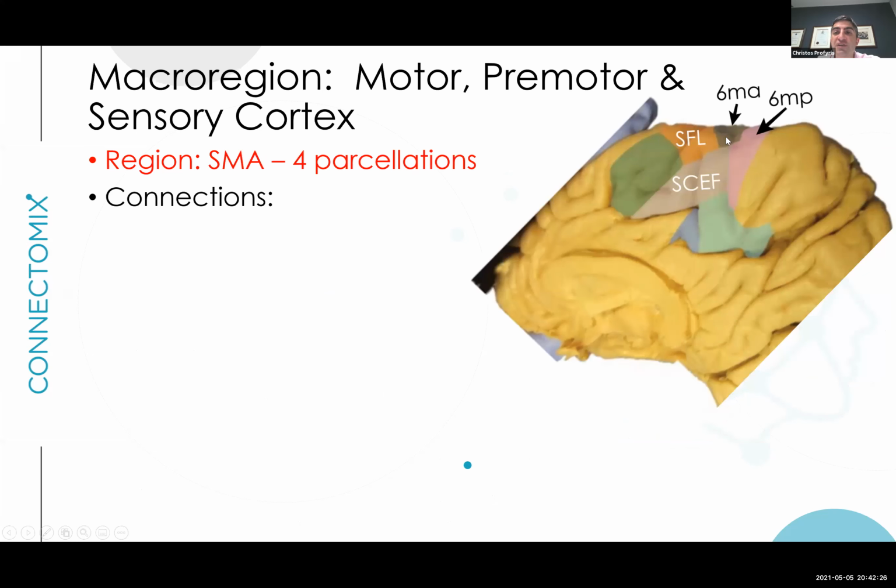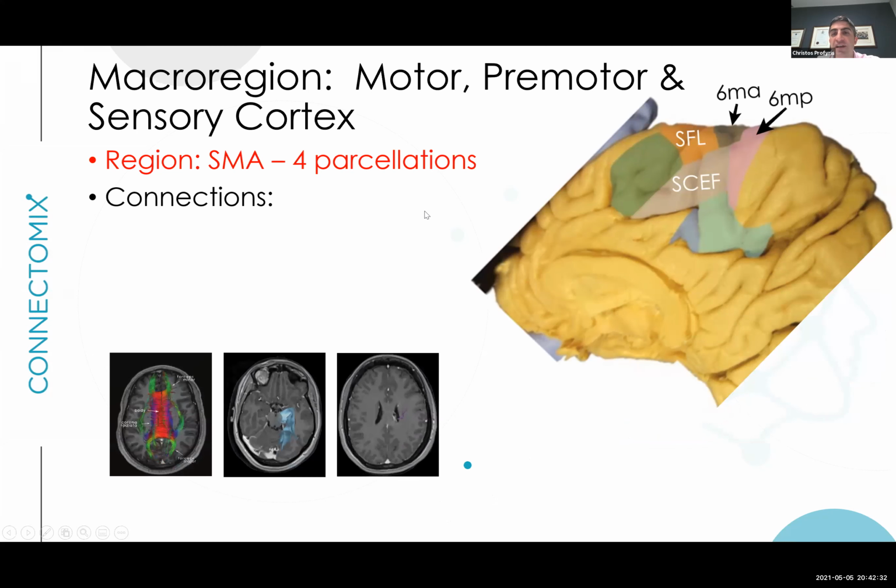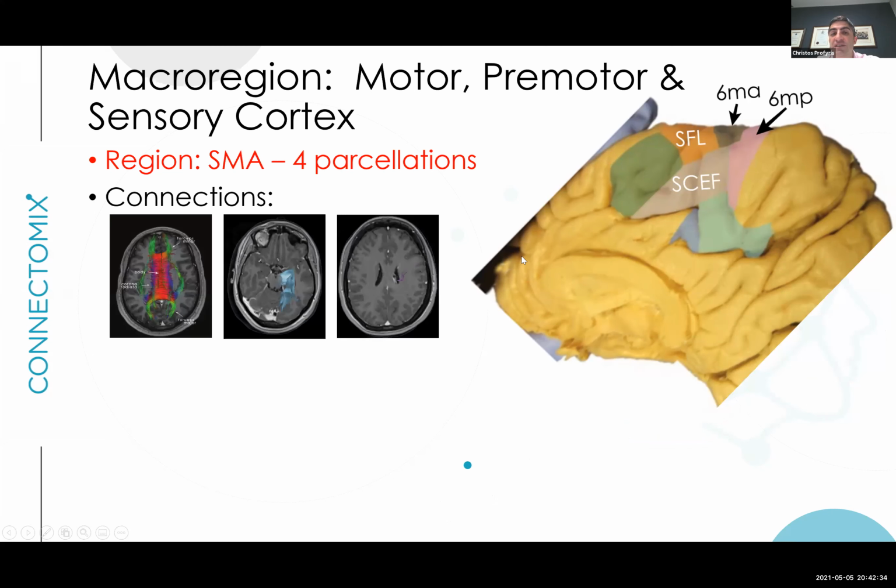The supplementary motor area is the next region we're going to talk about. If we look at the connections, we're talking about the corpus callosum connecting both SMA areas, the corticospinal tract, and then also the FAT, which connects to Broca's area and the inferior frontal gyrus.